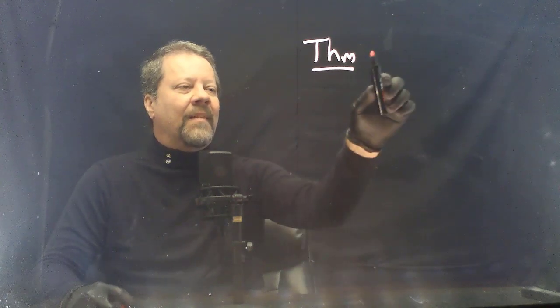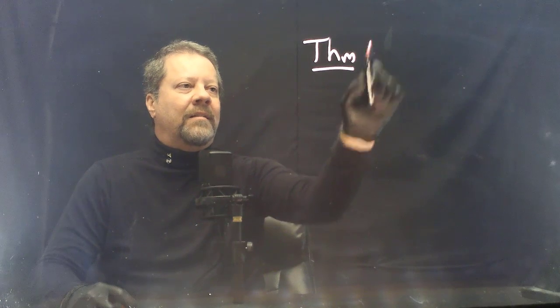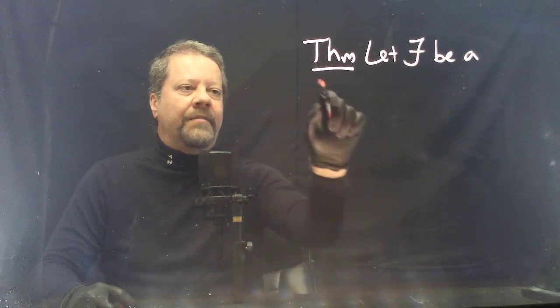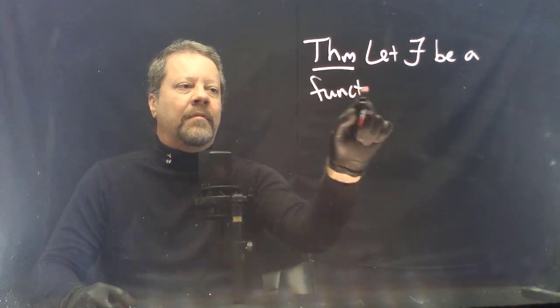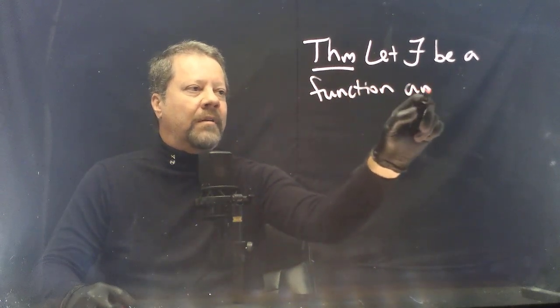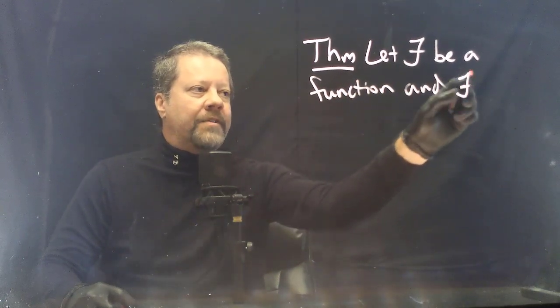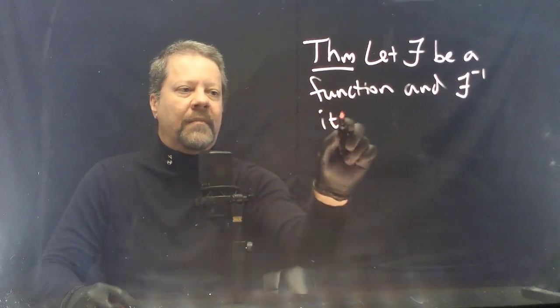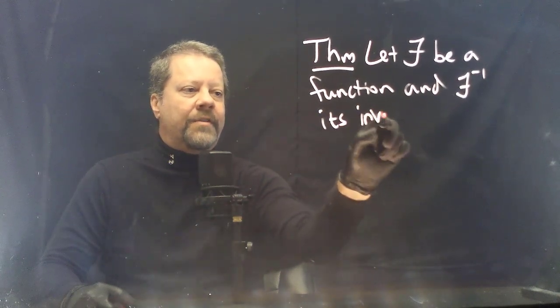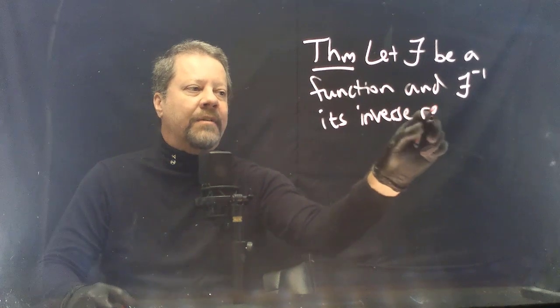There's a theorem. You can see this theorem from the last example. The reason why the inverse relation was not a function is that the original function was not one-to-one. So here we'll let f be a function, and f inverse its inverse relation.